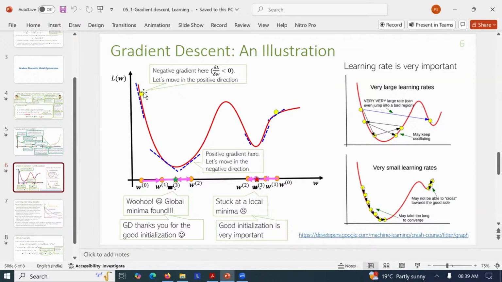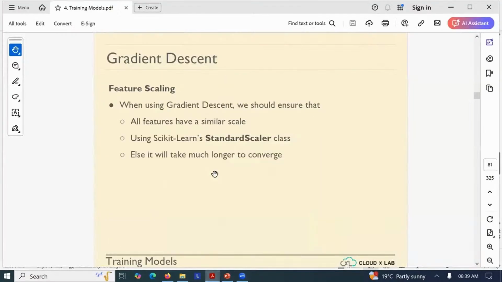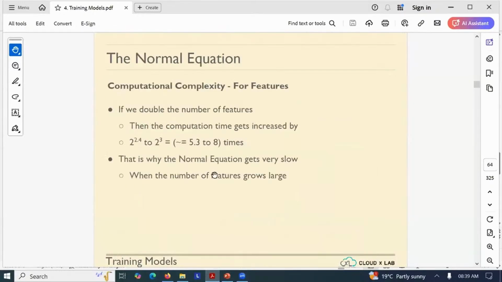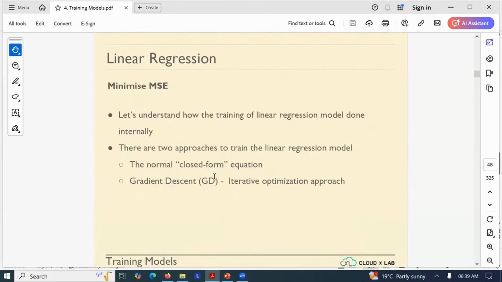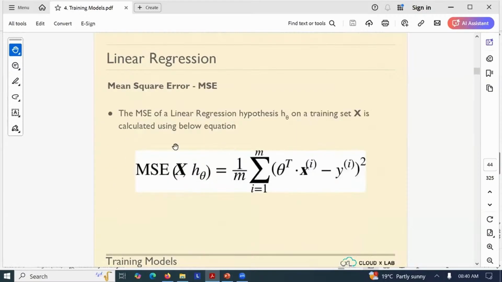Now, if we are relying on only a single data point, how can we calculate this loss function L(W)? Let's say we have some W value. If you put that W value in, you will get some value here, right? Let's say this loss function can be any function, but assume this loss function is the MSE function.